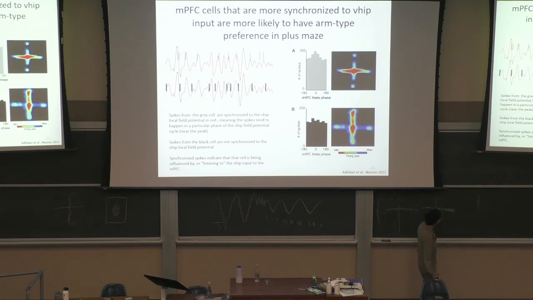So cells that fire uniformly, or in one open arm, or one open arm and one closed arm, are not representing openness or closeness. These cells were not synchronized with the theta oscillation. And regardless of whether they preferred open or closed, but they have to prefer something, those cells were more locked to the theta oscillation.